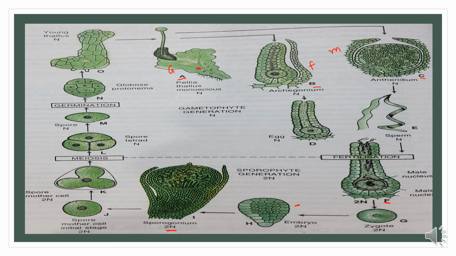So we see that this zygote is the beginning of the diploid or the sporophytic phase, and it continues till the embryo and the sporogonium. Then the spore mother cell undergoes meiosis to form a tetrad.